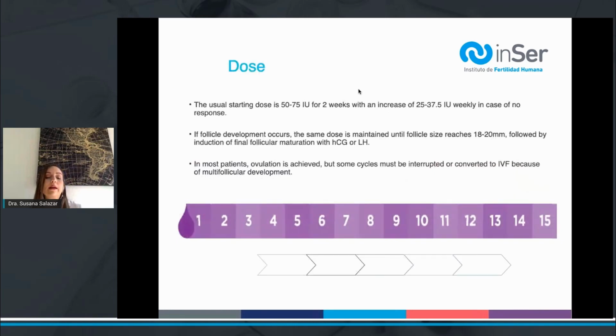The usual starting dose is 50 to 75 units for 2 weeks, with an increase of 25 to 37.5 units weekly in case of no response.